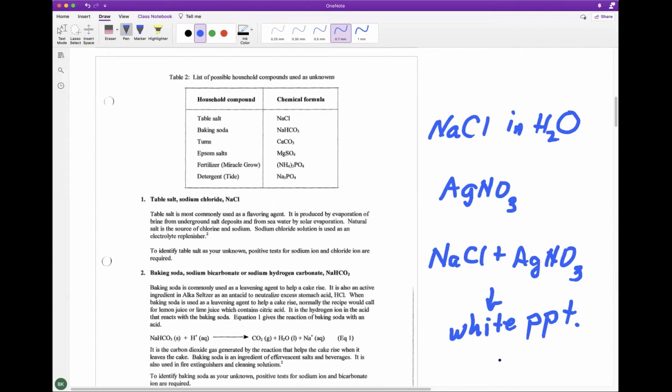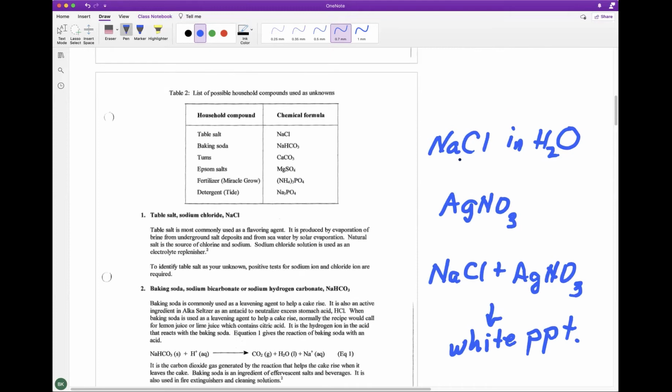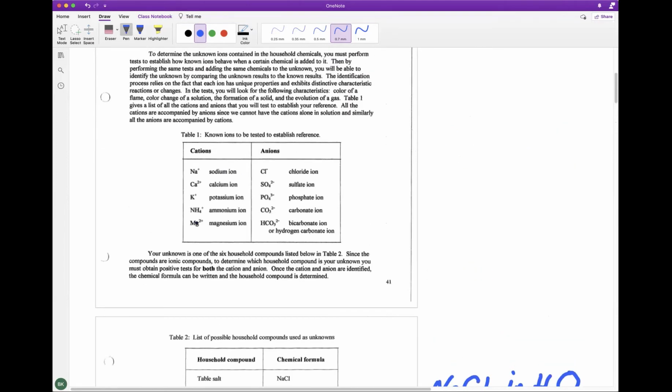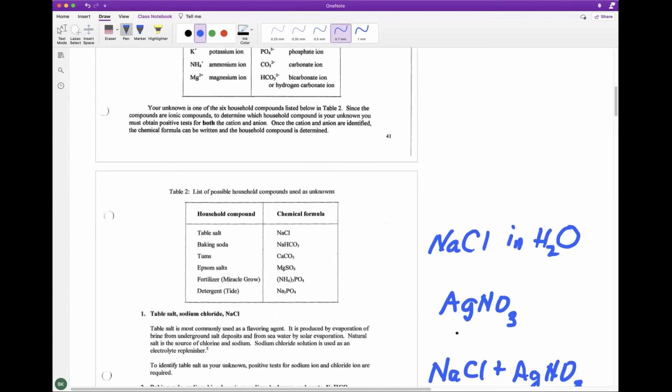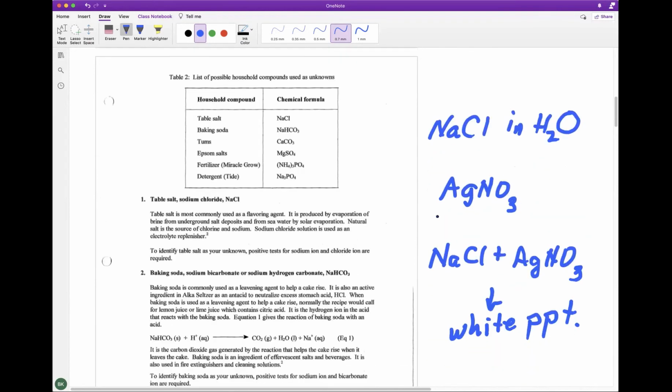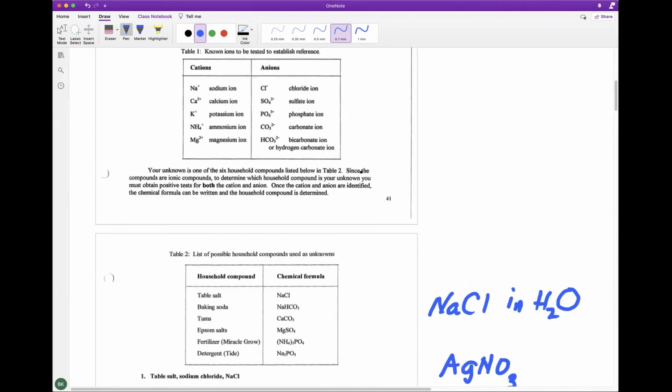But as soon as we had sodium chloride in there, we got this white precipitate. So that's a test for the chloride ion. We can do that for all of these different ions. There are various tests that you're going to do, but one of the tests for the chloride ion specifically is adding silver nitrate and seeing if we get a white precipitate. And if we do, then we know our sample has the chloride ion in it.